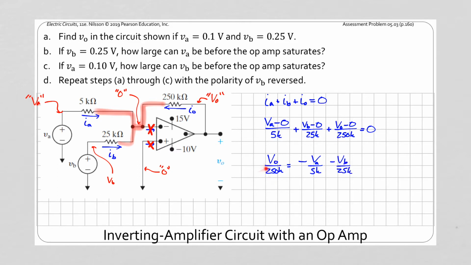And I'll multiply through by 250k to cancel out the denominator to isolate V0 by itself. So what we're seeing here is that V0 is going to equal... So notice here what we found for V0 is the feedback resistance divided by RA for the amplification of VA, and the feedback resistance divided by RB for the amplification of VB.